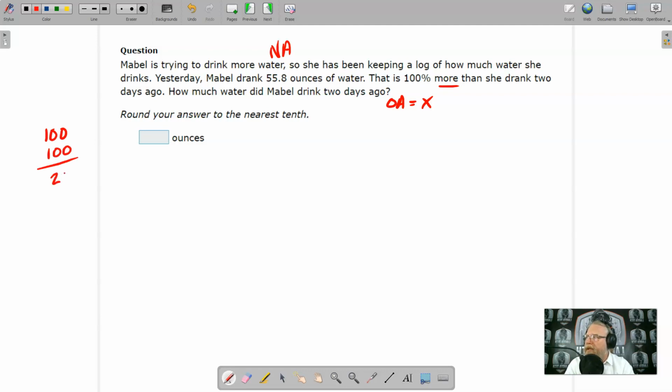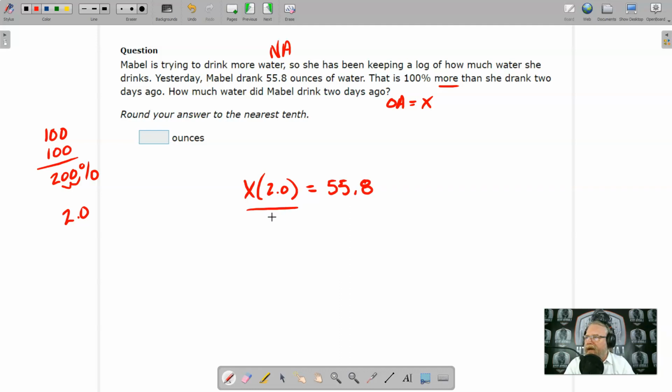So that's going to be 200%. If we write that as a decimal, move the decimal over 2 places, and we end up with 2.0 if you want to make it a decimal. So let's take the original amount, multiply it times the increase of 100% plus the other 100%. And as a decimal, it's going to be times 2. I guess you put the 0.0 there if you want. And that equals the new amount, 55.8.